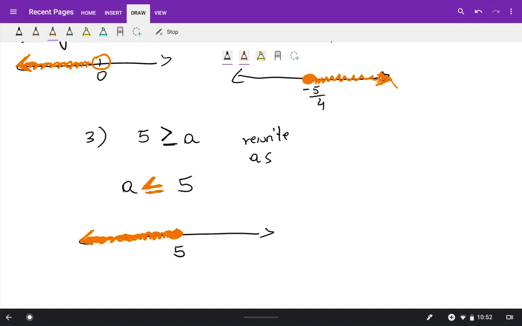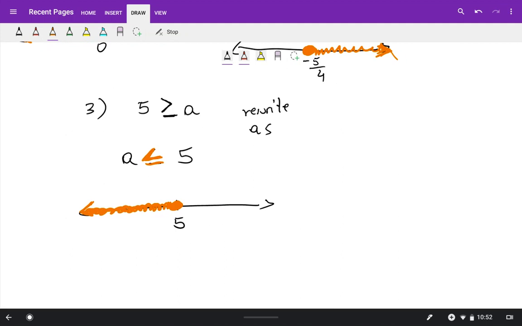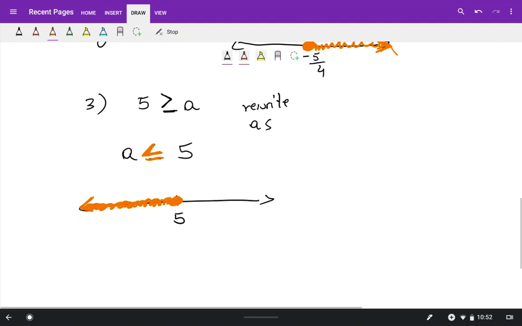So I recommend when you have an inequality like in number 3, rewrite it, putting the variable on the left side and the number on the right side. We're not really switching the inequality symbol, we're just rewriting. If you read from right to left, you have a less than or equal to 5.